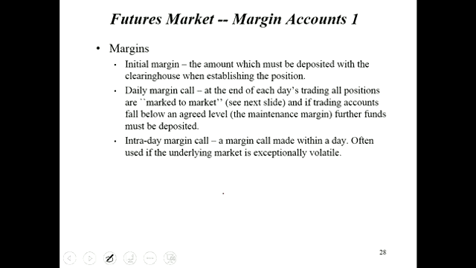Now, as the thing goes along, unlike the forward, which basically once you have your initial setup, maybe there's a fee associated with that because you're dealing with a bank, there's usually no cash flows between then and maturity, and at maturity there's delivery and you pay. Now, with the futures market, they actually look at your value every day and make adjustments to your balance every day.